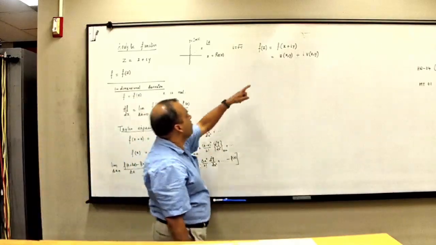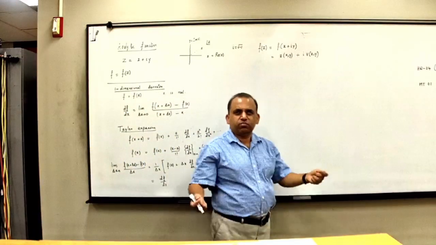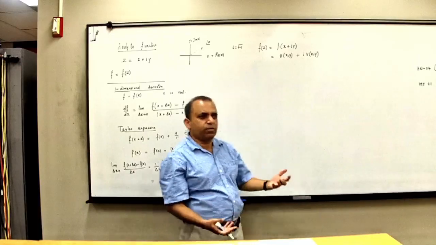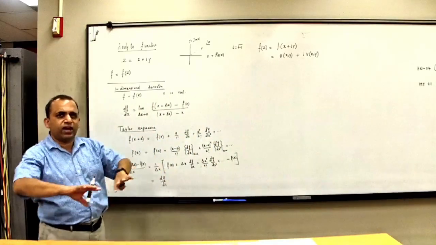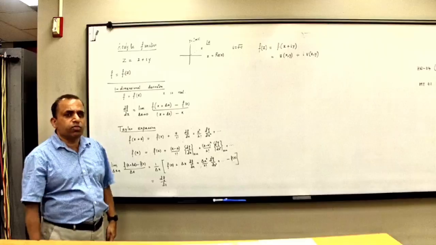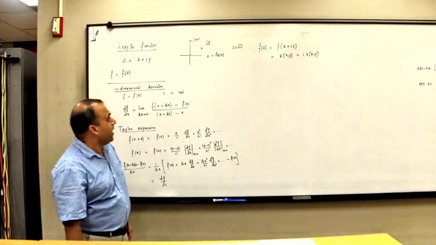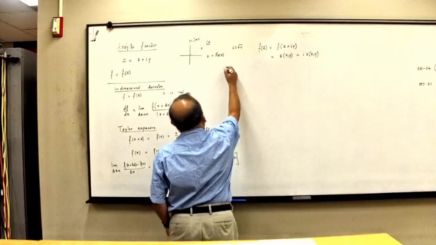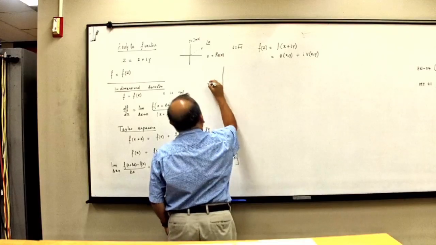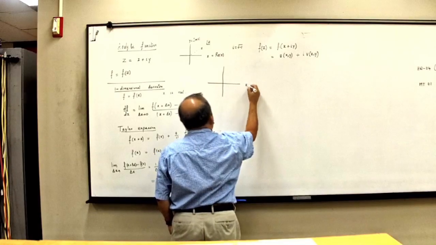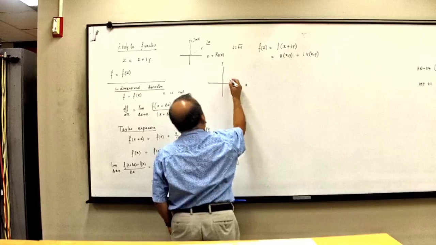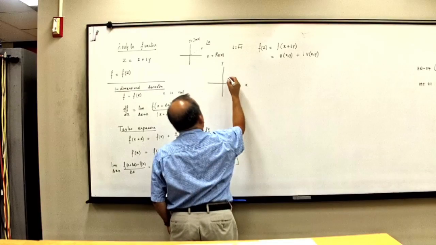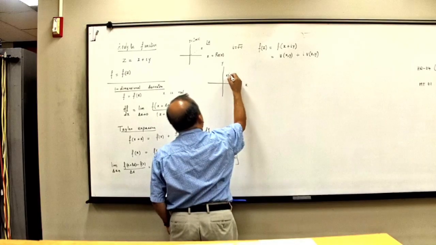Now there are 2 parameters in these functions, u and v. And any function can be written like this, primarily because all additions or subtractions are involved, and all the operations can be distributed into plus and minus. And now we want to define the same idea. We have x plus iy. So this is a plane, x comma y, and at this point x comma y, I have a value of the function.